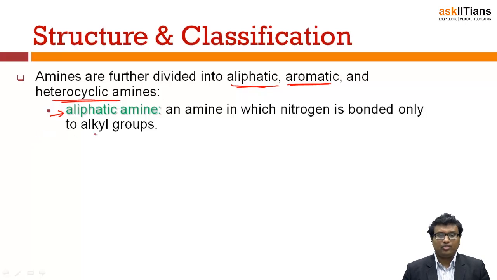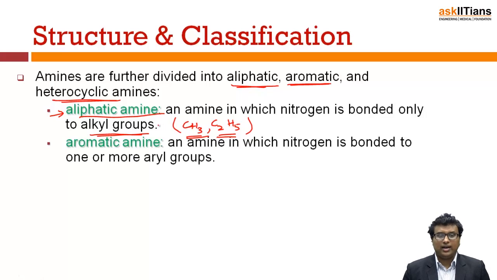So what is an alkyl group? Your CH3, C2H5, all these are alkyl groups. So if your nitrogen is attached to such groups, it is called an aliphatic amine. Next, aromatic amine. What is an aromatic amine?